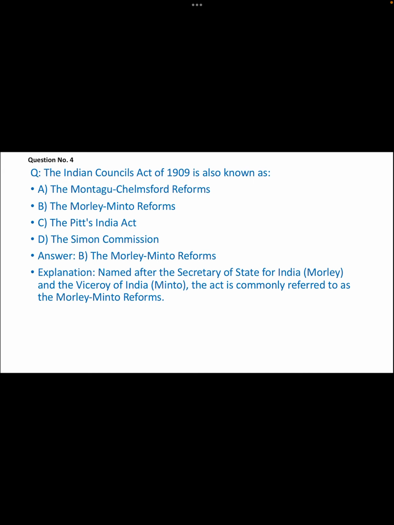The next question is about the Indian Council Act of 1909, which is known as what? Indian Council Act of 1909 is also known as: A. Montagu-Chelmsford Reform, B. Morley-Minto Reform, C. Pitt's India Reform, or D. Simon Commission?